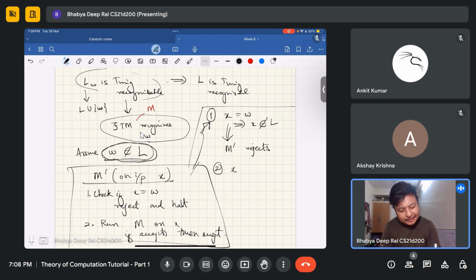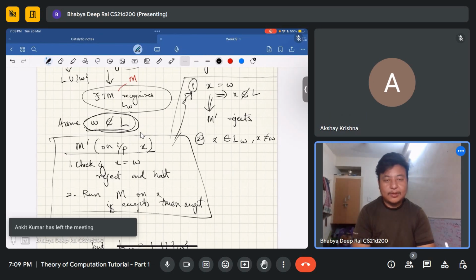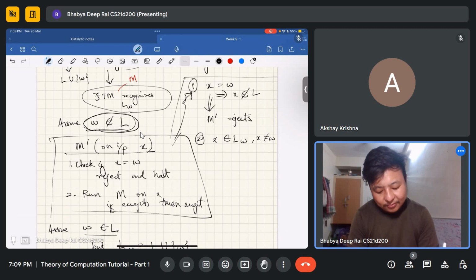Second case, X is not equal to W. Let's say X is in LW and X is not equal to W. Then what happens?